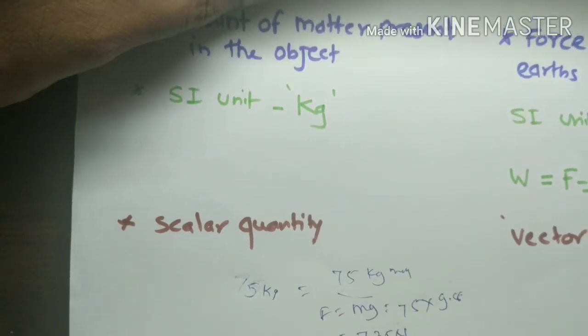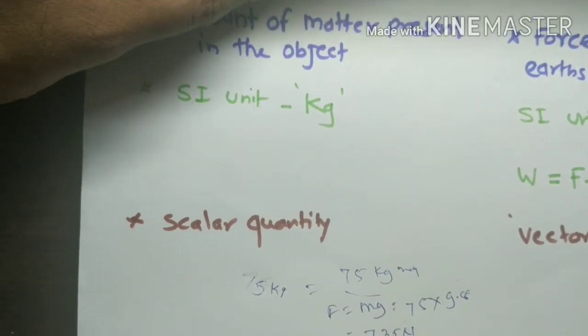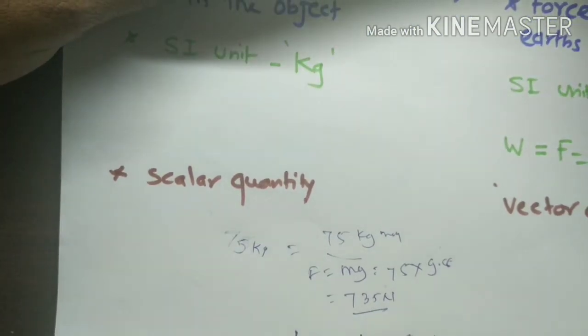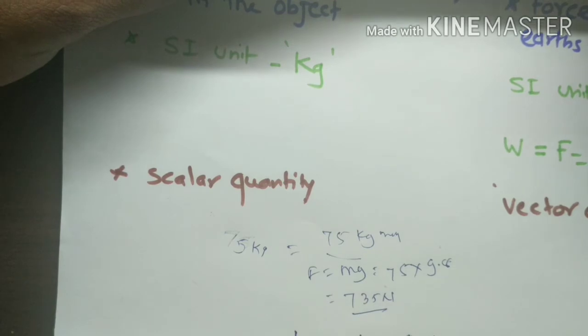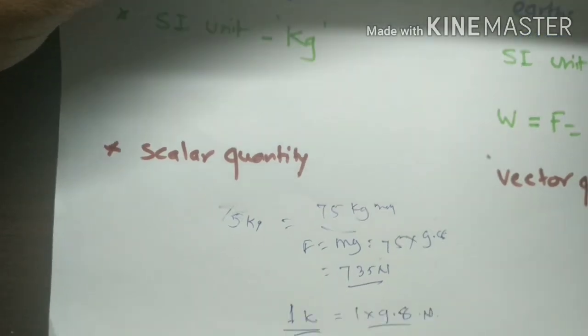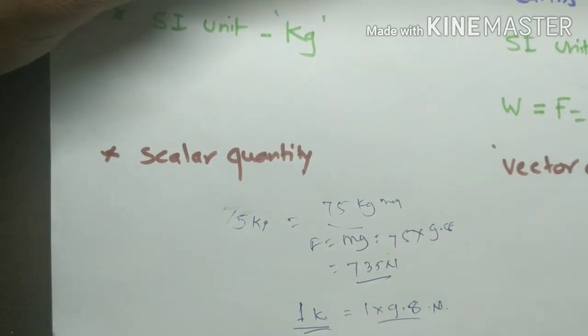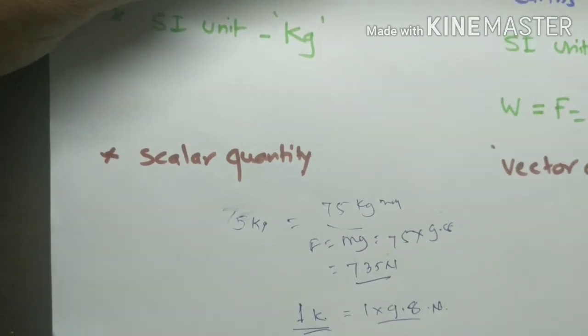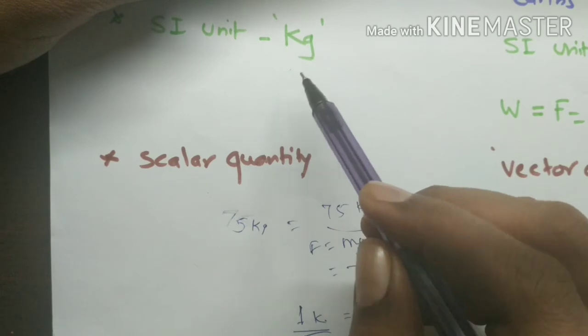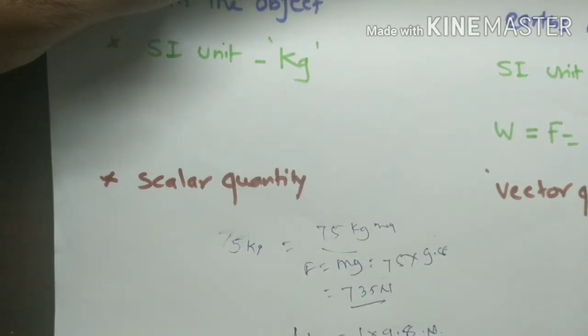The two-scale balance in the shop compares two weights, that is, two masses, not weights. This is always multiplied by 9.8 Newton. So kilogram is called the mass, and Newton means it is multiplied by 9.8. So this is the weight on the earth.